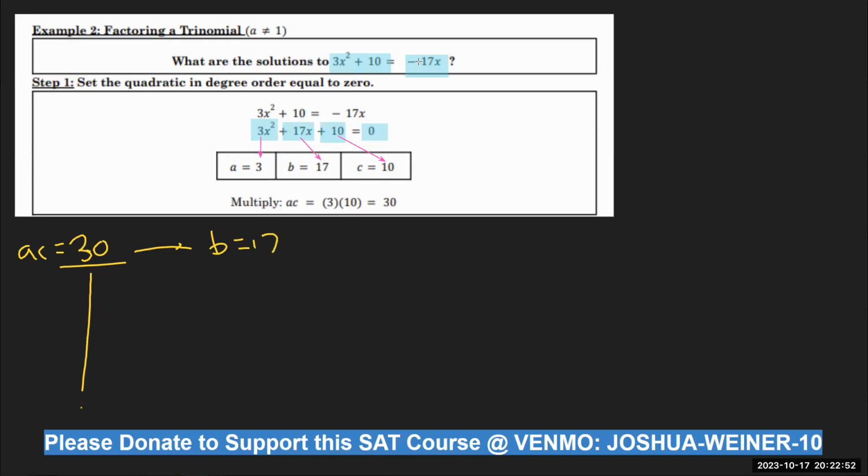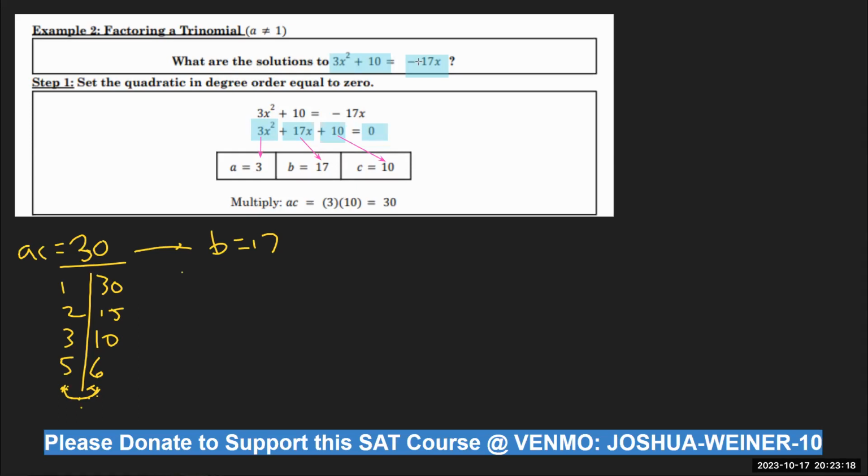So we have 1 and 30, 2 and 15, 3 and 10, 4 does not divide 30, 5 and 6. And that's it, because the next one is 6, but that's the same. It's just if we use the commutative property, 6 times 5 is the same, 10 times 3, 15 times 2, and 30 times 1.